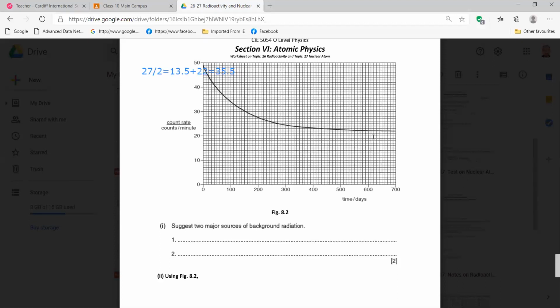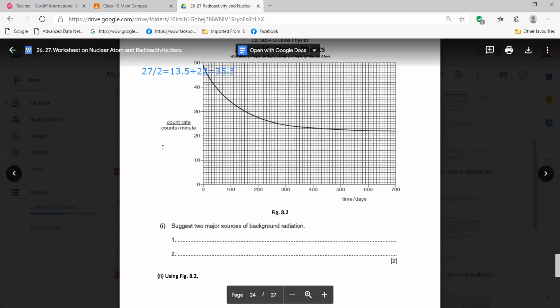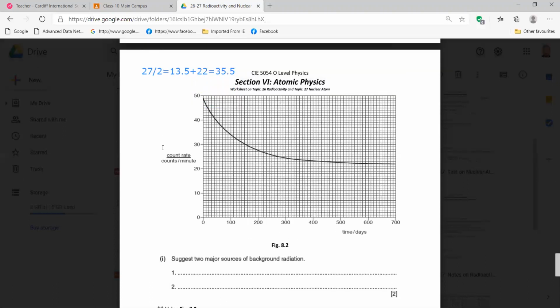We are getting all the count from the background. So this is giving us a background count of 22. Note it down, 22 counts per minute for background radiation.